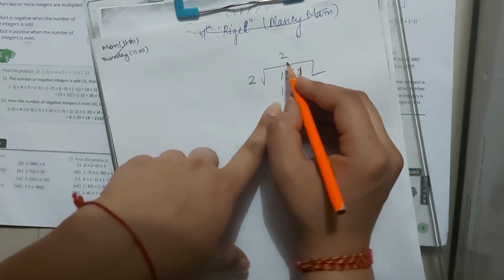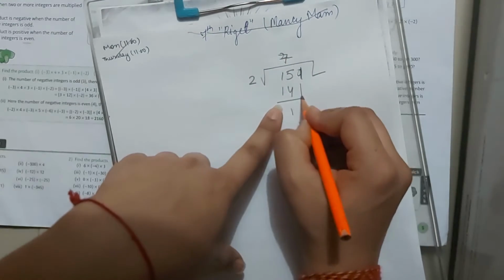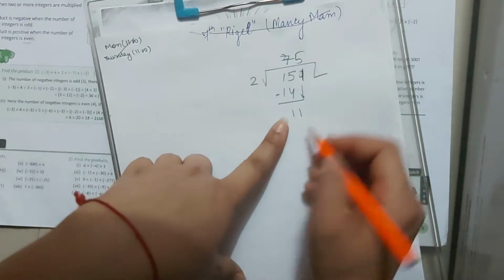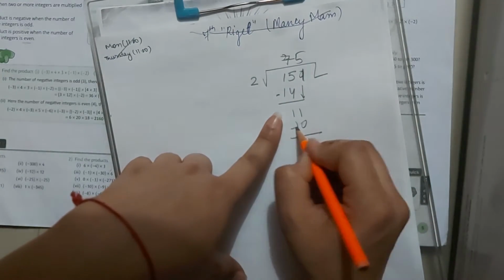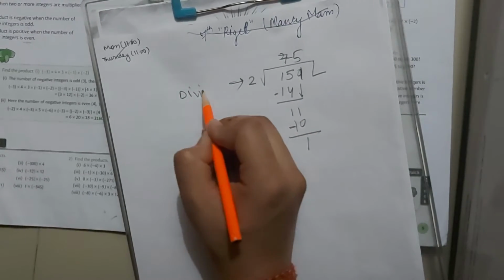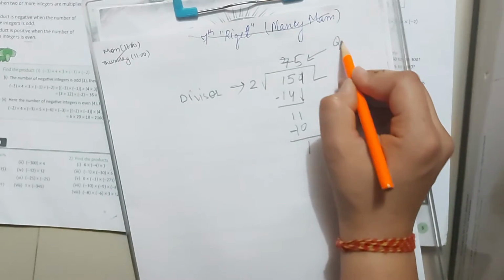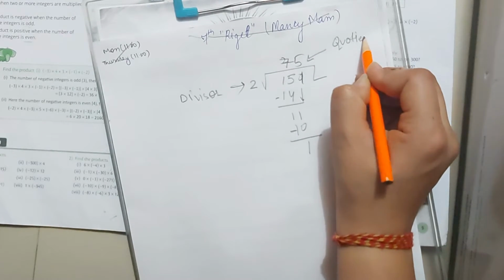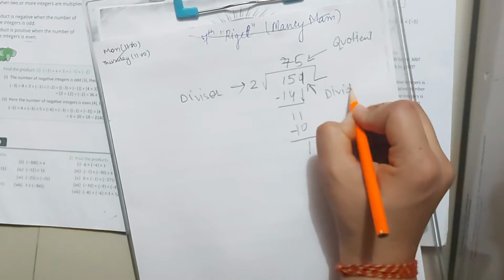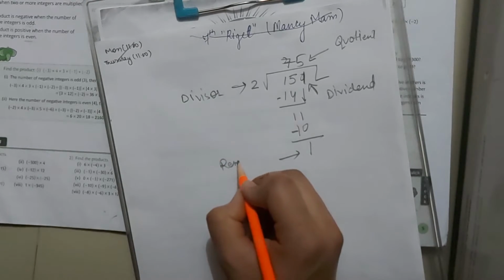So that will be 2 sevens are 14, 1 here, 1 again, 2 fives are 10, and 1 is the remainder. So this is called the divisor. This is the quotient. This is the dividend. This is the remainder.